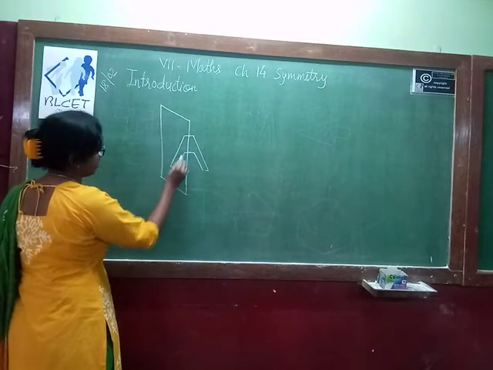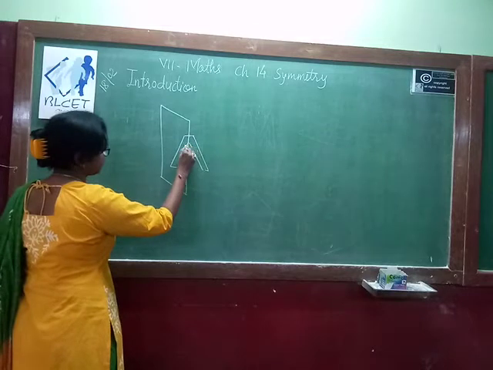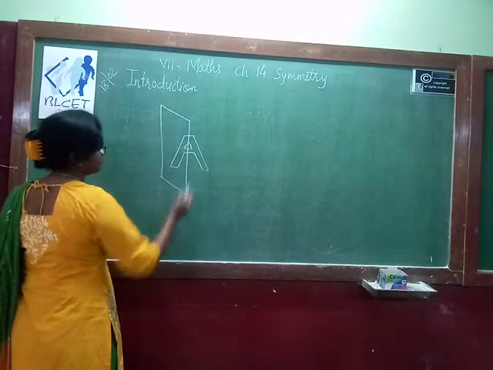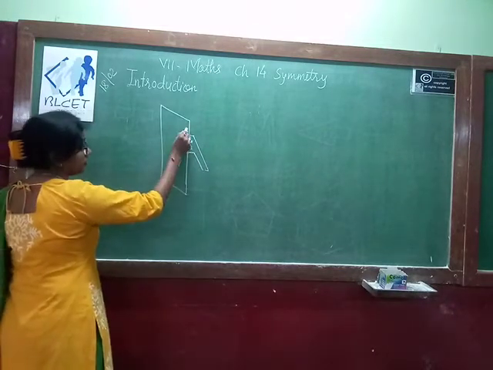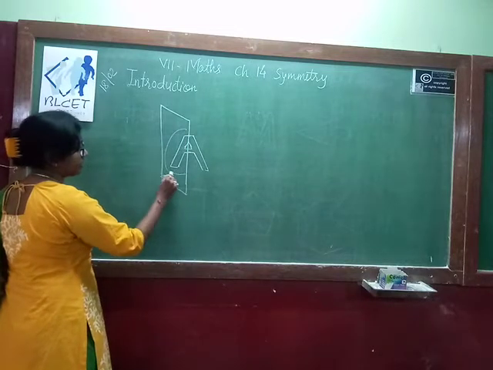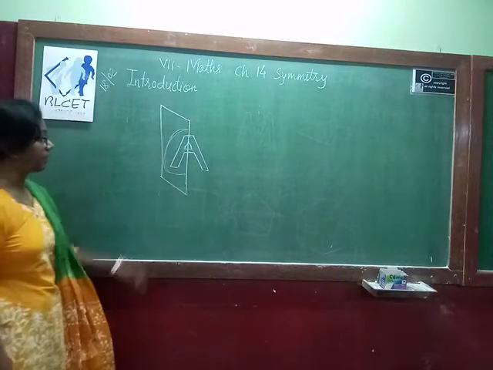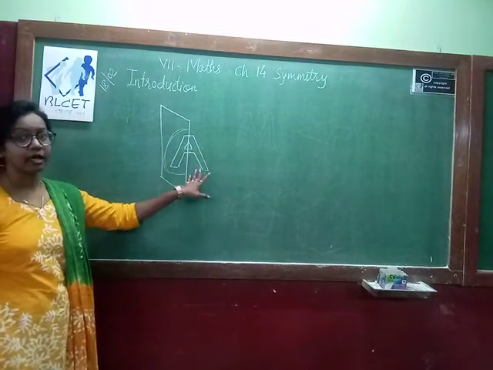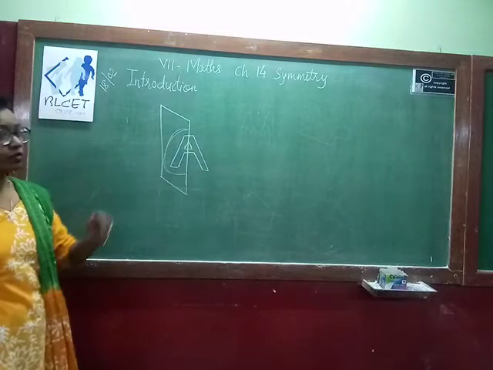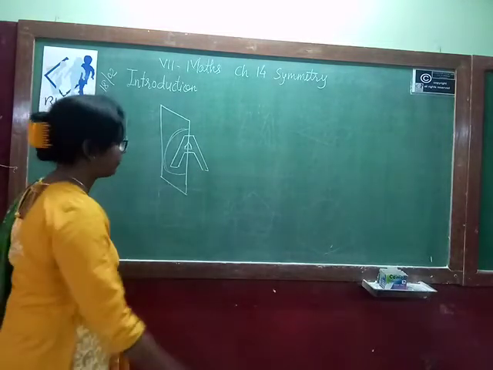So this is your reflection image, or you can say mirror image, which makes this alphabet complete. So this is known as mirror reflection.